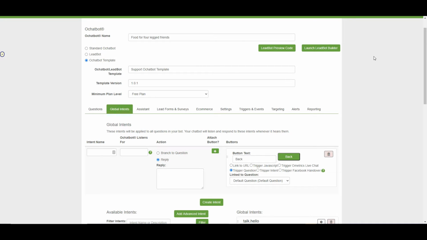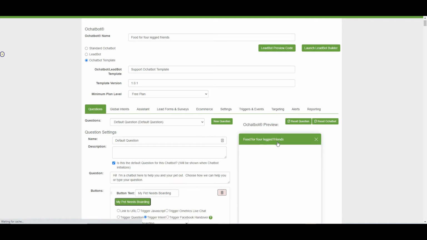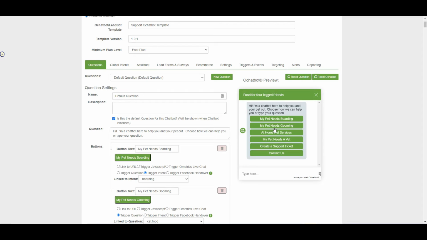Another way to have the chatbot ask the right question at the appropriate time is page targeting. This allows you to set a question to a particular page. For example, here we have checkout and cart trigger the checkout help question. The reason for this is if we don't want to give them the initial question of the site when they're on checkout.